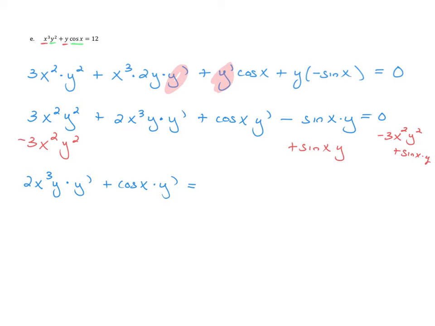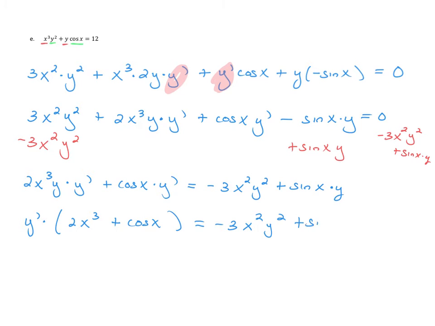And that's it. On the other side, I have negative 3x squared y squared plus sine x times y. On the left, I can factor out the y prime, and what is left over is 2x cubed plus cosine x, that is still equal to negative 3x squared y squared plus sine x times y.